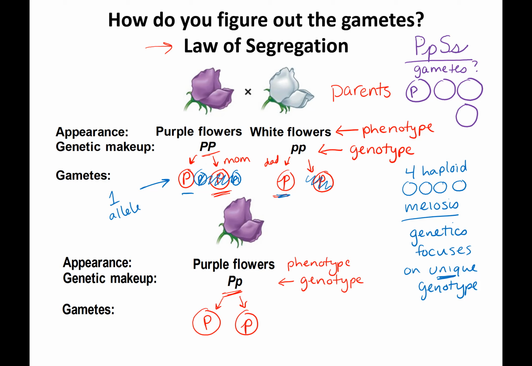So you could have a big P allele with a big S allele, or a big P allele with a little s allele. You could have the little p allele going with the big S, or you could have the little p and the little s together. So you get 4 unique gametes. We'll talk about how to figure this out in a few slides from now.